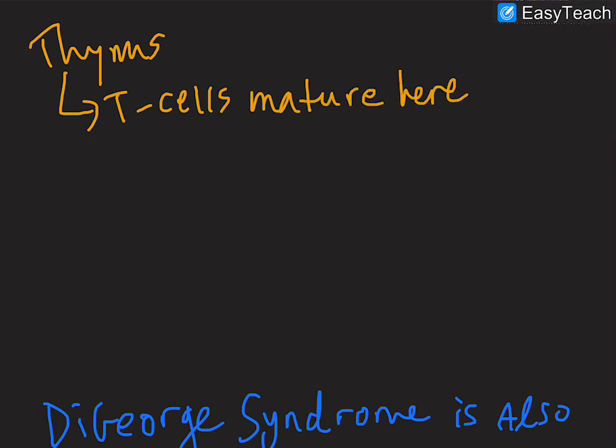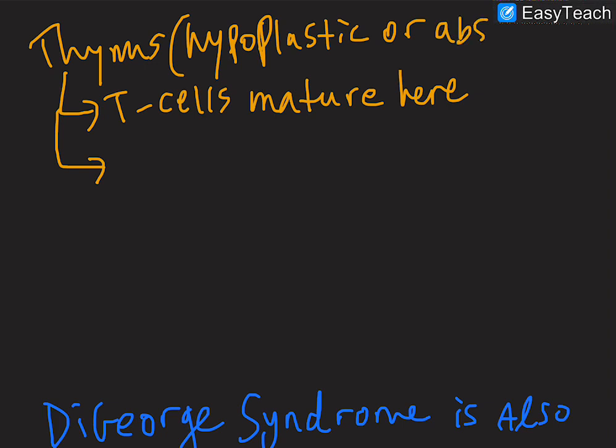They're originally produced in the bone marrow, but they mature in the thymus. So if you can't have proper maturation of the T cells, you won't have proper functional T cells. Why would this happen? Because you have a hypoplastic or absent thymus. So T cells won't be able to mature, and you'll make dysfunctional T cells.